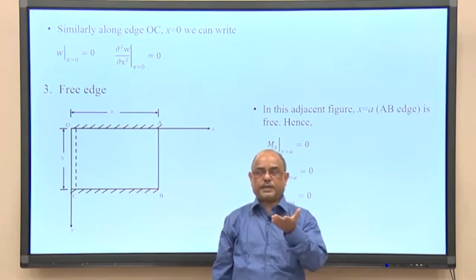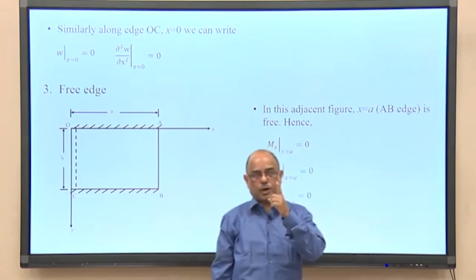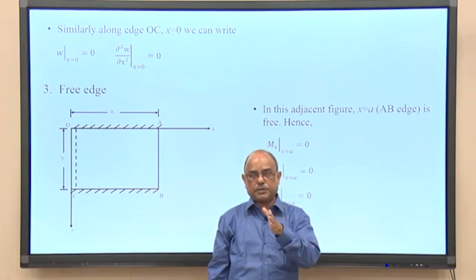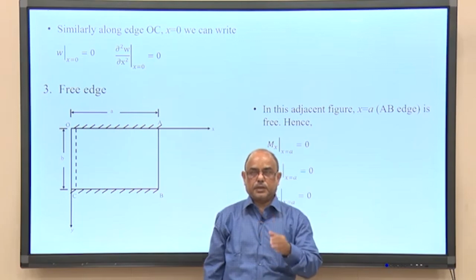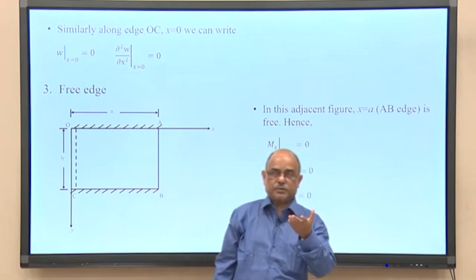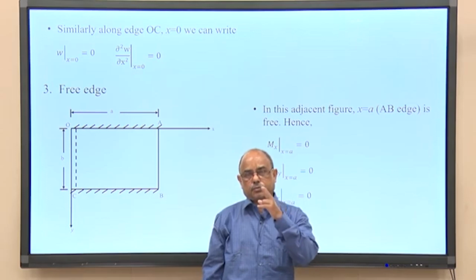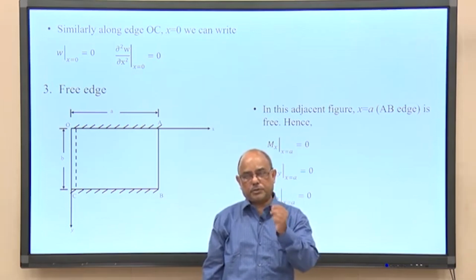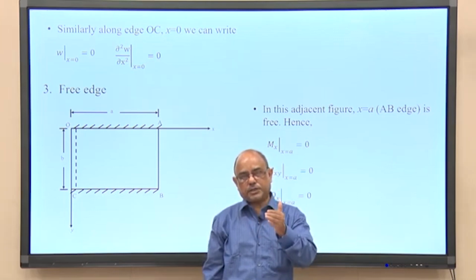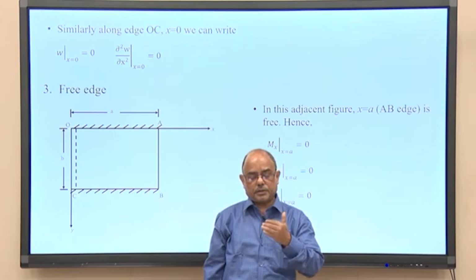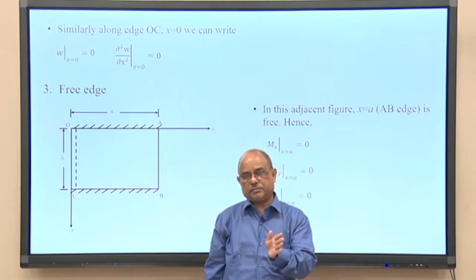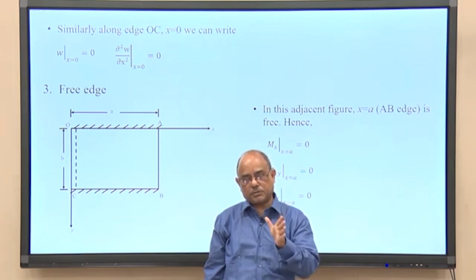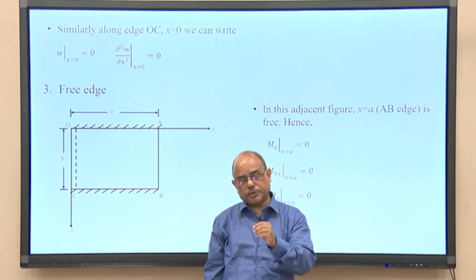In the simply supported edges, we imposed one geometric condition, that w is equal to 0, and one force boundary condition, that the bending moment is equal to 0. In clamped edges, we imposed two geometric conditions only, that w is equal to 0 and slope is equal to 0. Simply supported edges have one geometric condition and one force condition, but in the free edges the geometric conditions cannot vanish, because w has to be non-zero and the slope also has to be non-zero.